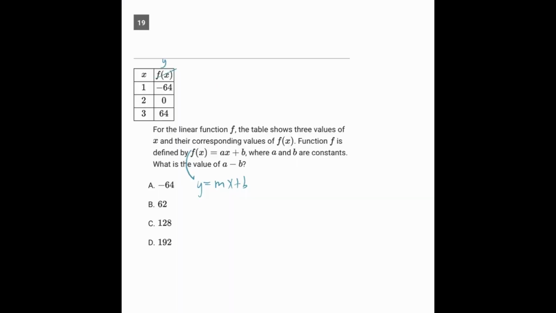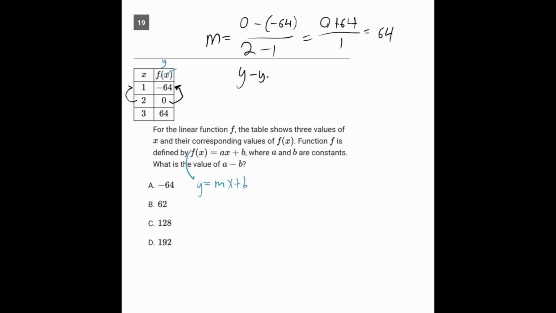So first, we'll get the slope. Slope is y2 minus y1, so this minus this, over x2 minus x1, 2 minus 1. So 0 minus negative 64, that's 0 plus 64, over 2 minus 1, which is just 1. So that's 64 over 1, which is just 64.